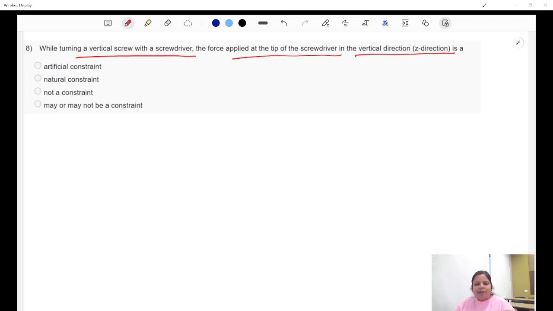When we are turning a vertical screw, the screwdriver must apply force in the downward direction. Why?